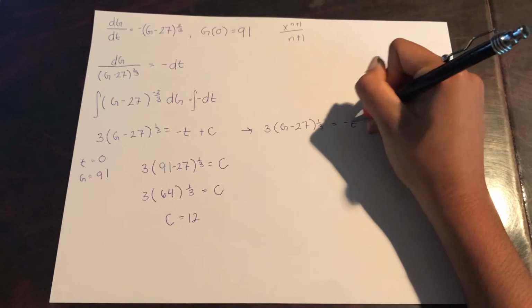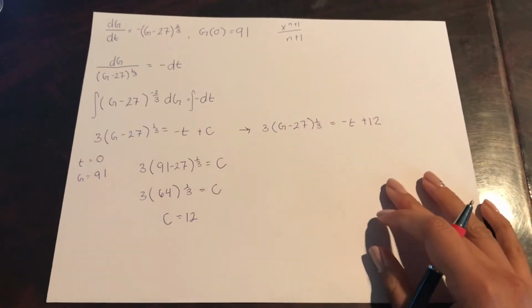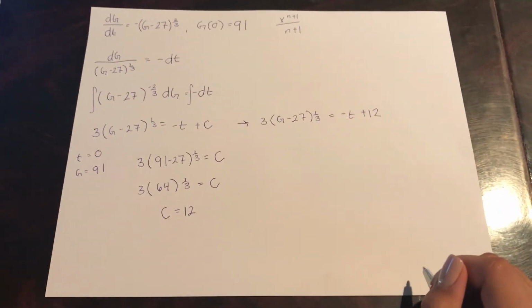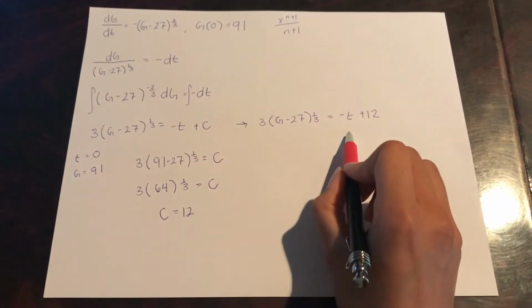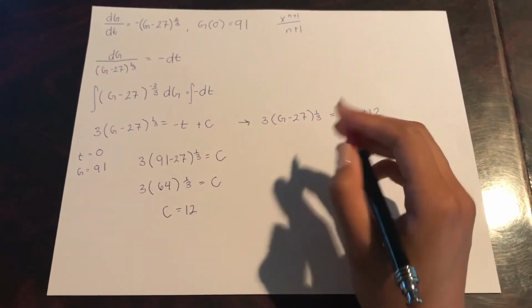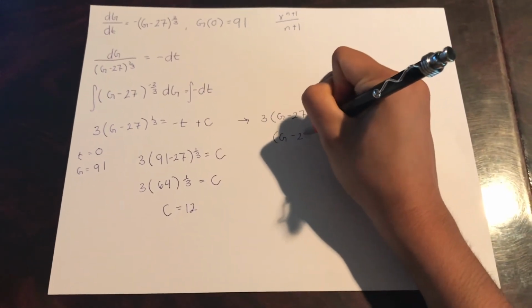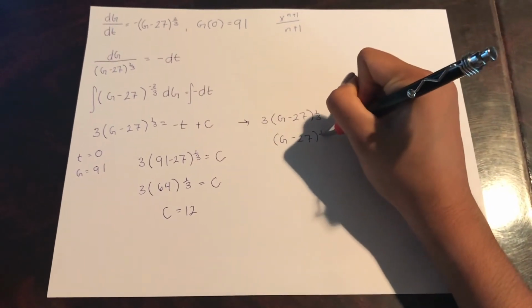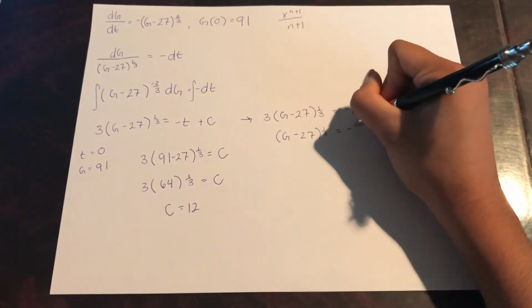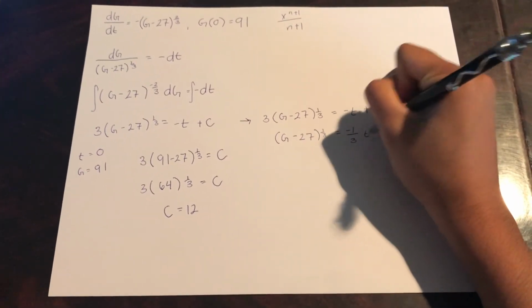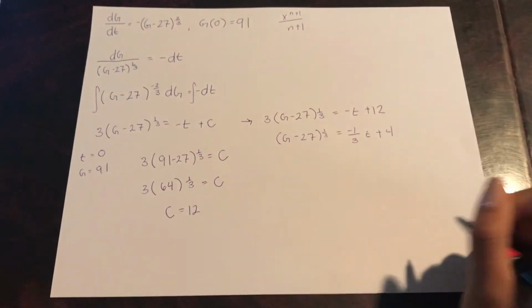So plus 12. Now from here on out, it's basically just a lot of algebra. So we are going to divide this entire thing by 3 to get g minus 27 to the 1/3 power is equal to negative 1 over 3 times t plus 4.